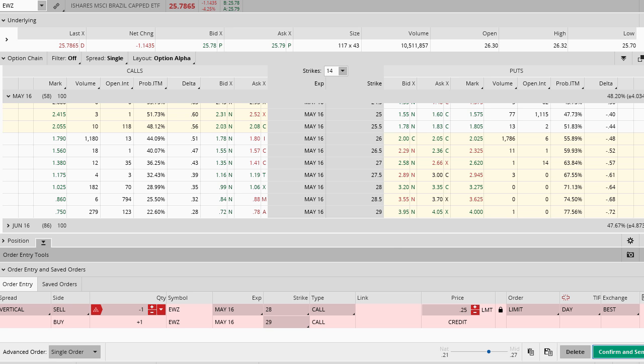Remember, if we sell the 28-29 call spread in EWZ, EWZ can trade from 25 up to 28, it just can't trade past it. So we are basically neutral. It can be a little bullish, meaning the stock can rally, but we're neutral to bearish. That's ideally where we want the stock to go.